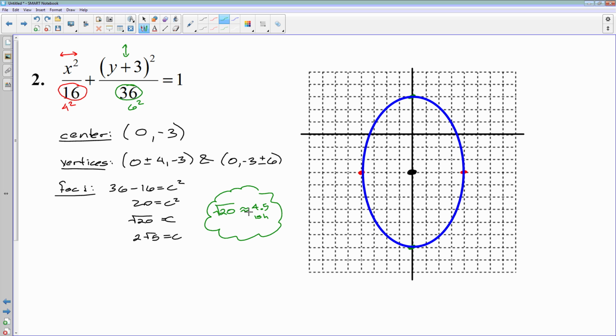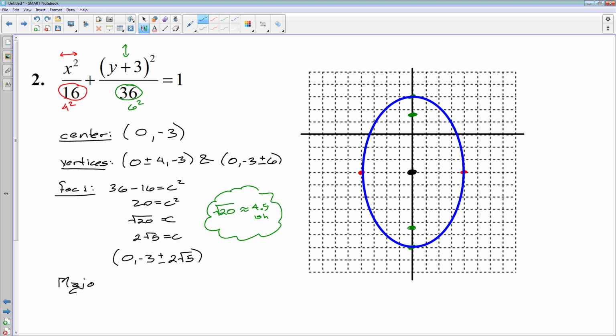And I really only need to have a ballpark figure for this graph, because when I graph my foci, I know now that I need to go up 2, 3, 4, and a little bit more. So I'm going to have one focus around here, down 2, 3, 4, and a little bit more. There's my other focus. The main thing I need to remember is that my foci went up and down. That's going to change my y-coordinate. So I started at -3, I went up, and I went down 2 square root of 5.